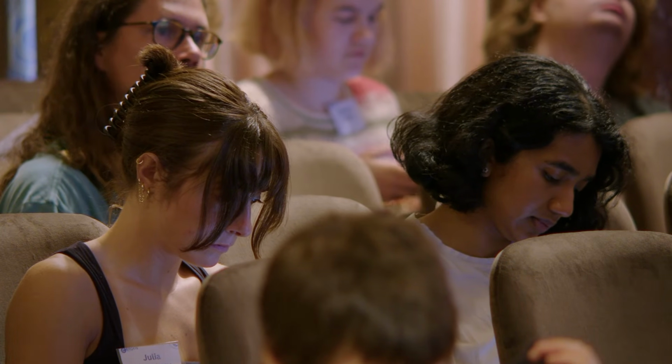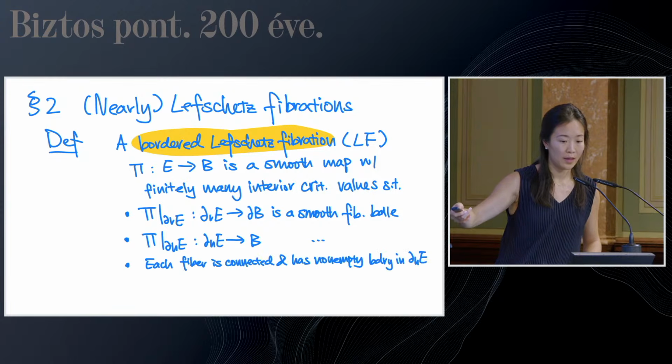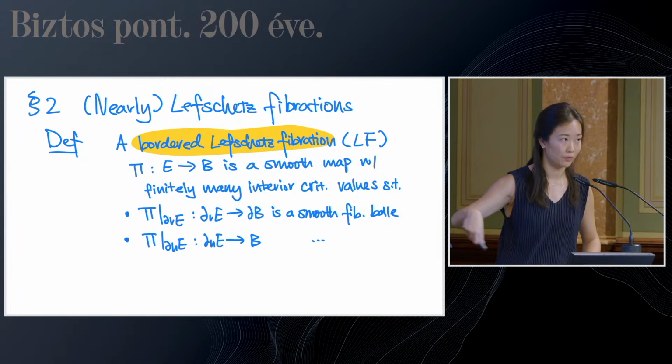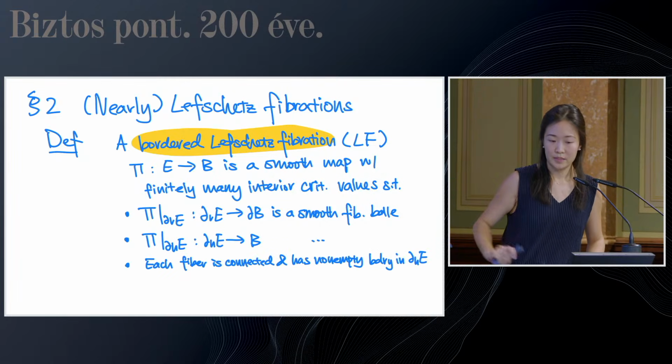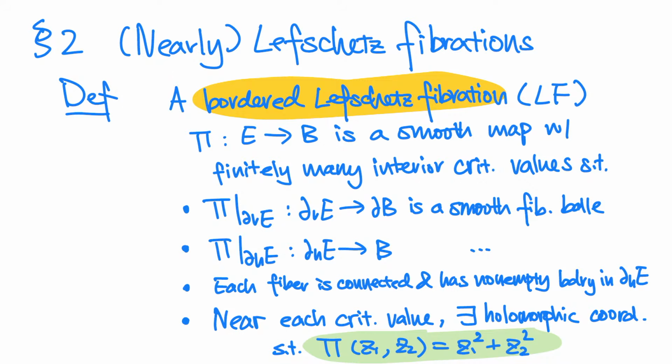The vertical boundary gives you, in your head, the mapping torus of the open book, and the horizontal boundary is supposed to give you the binding of your open book. And there's a technical assumption that we require each fiber to be connected and to have non-empty boundary in the horizontal boundary, the binding.